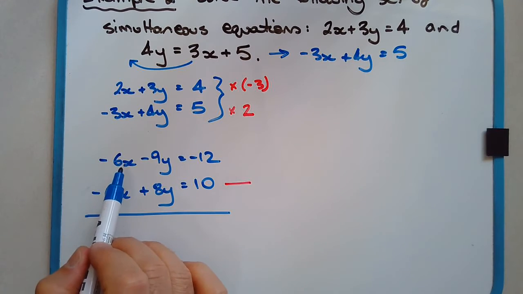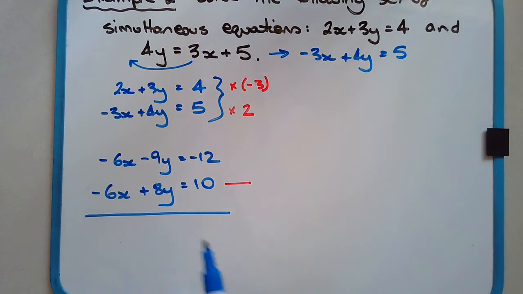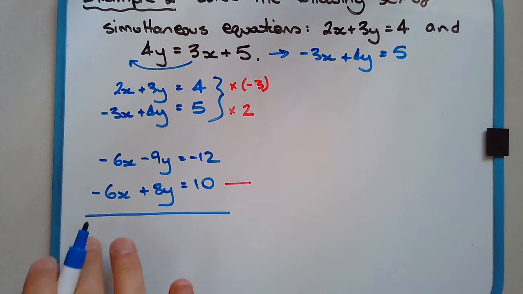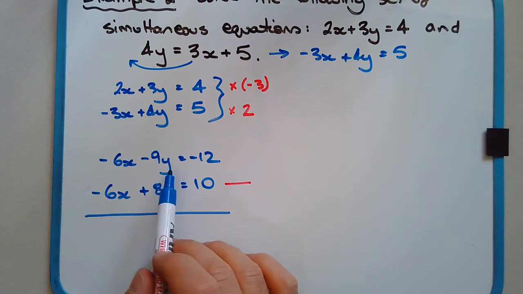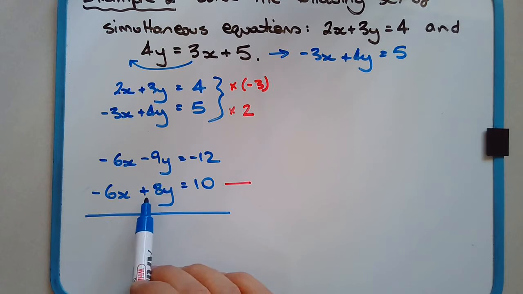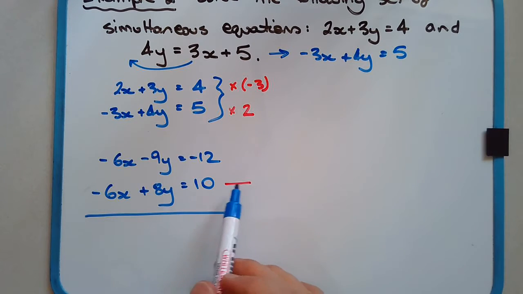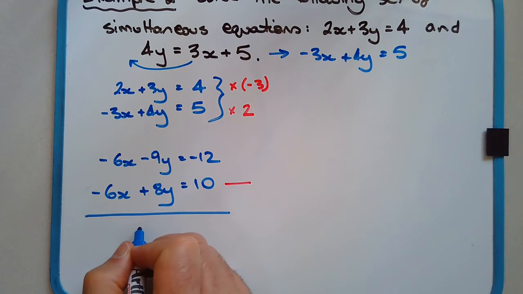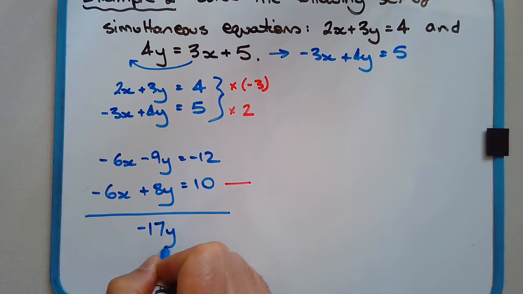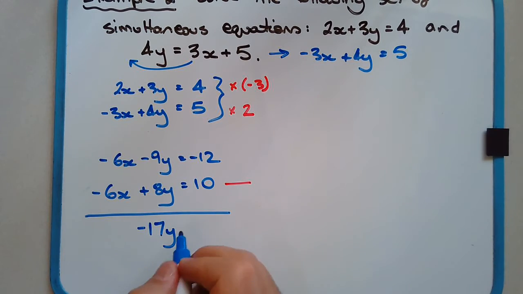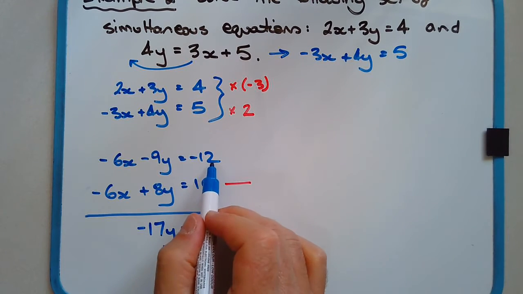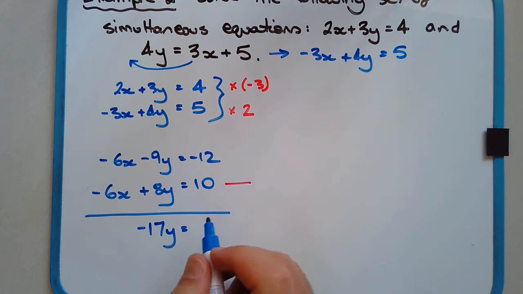So negative 6x minus 6x is 0. So that's disappeared, so I'm not going to put anything there. Negative 9y minus positive 8y. Negative 9 minus 8 is negative 17y. So think of it as minus 9 minus 8, negative 17, is equal to negative 12 minus 10, so that's negative 22.